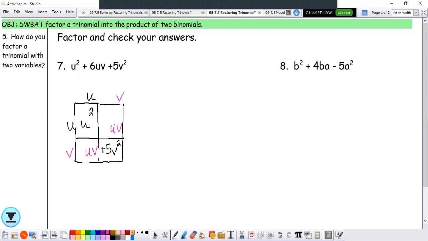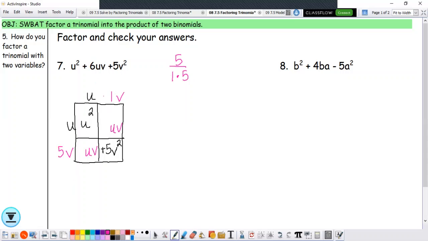So now all I really need to focus on is what coefficient will I need on those v's to help me get a 6 on that middle term. So I'm still going to look at the 5, and I'm still going to look at what are factor pairs of 5. And the only one I have is 1 and 5. So I don't have anything to try besides 1 and 5.